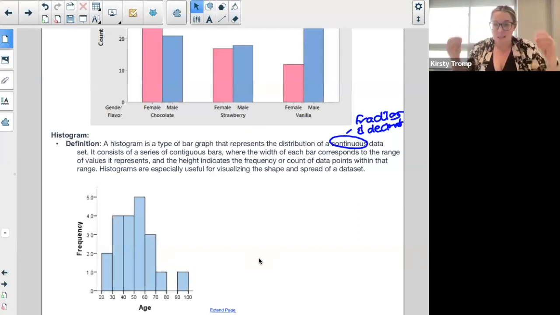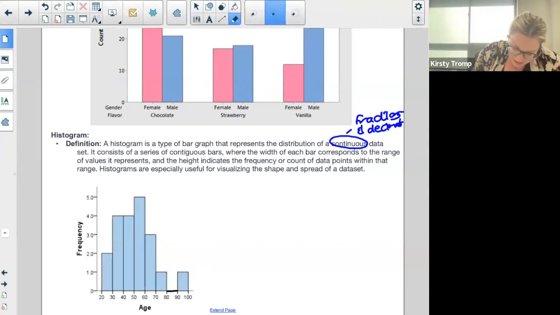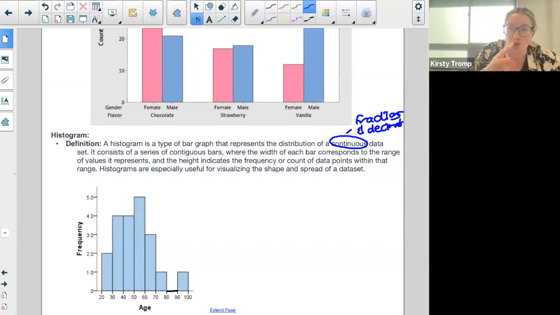Double bar graph, we had spaces. What do we see in the histogram? In the histogram, we're not seeing any spaces. Maybe there's a space over here, but the reason there might be a space is because maybe there wasn't any data over there. So technically, it would have gone like that. All right. But in a histogram, we can see that all of the bars are joined. Okay, so in a histogram, there's no gaps in between.